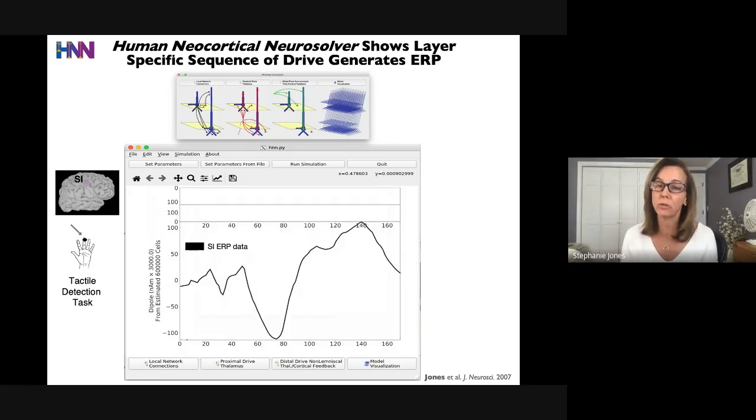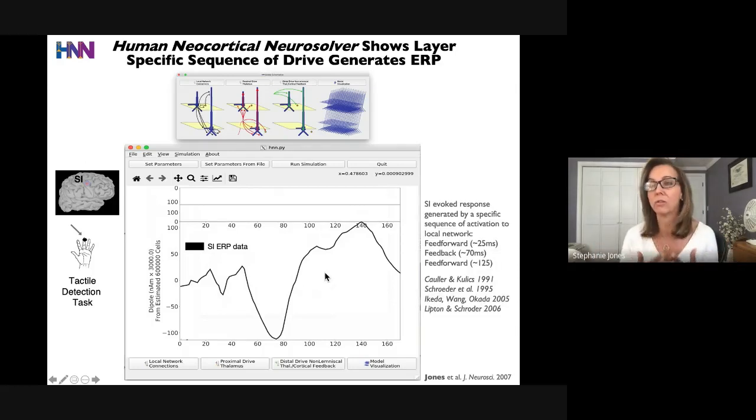And so we wanted to use HNN to say, how is this coming about in the local circuit? Fortunately for us, there's a long history of studying the origin of the tactile evoked response with EEG, MEG, and invasive recordings going back to the early 90s.